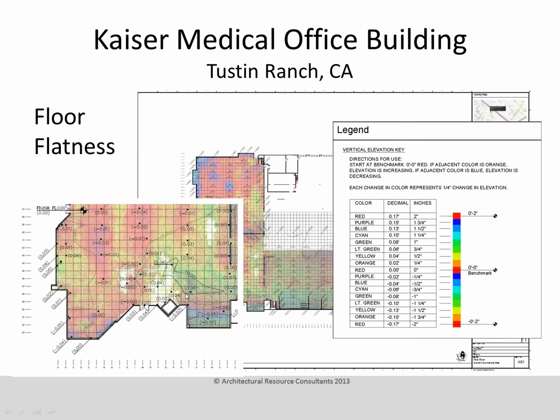So looking at our floor slab here, we can start to see the red areas are close to our 0,0, and as we move across, we're going to the yellow side of the spectrum. So this is actually going up and undulating back down and up and down, and you can get a sense of what this floor slab is doing.